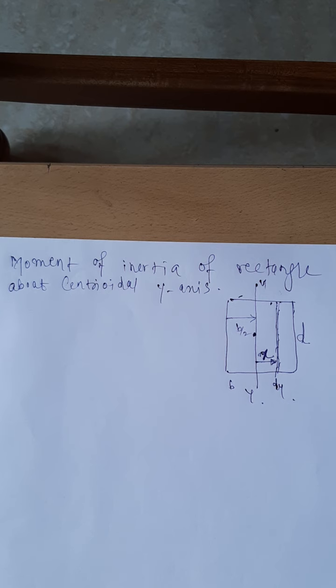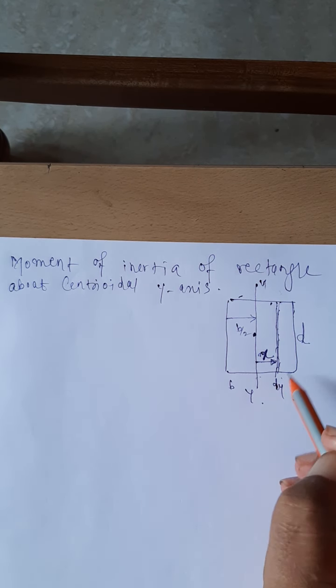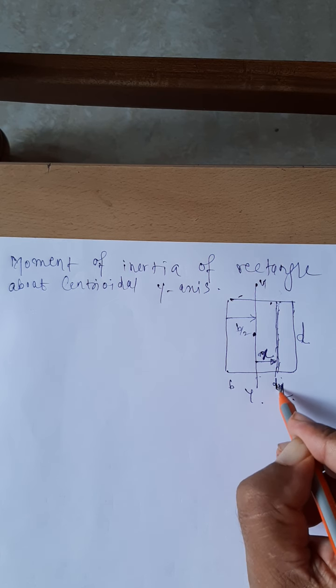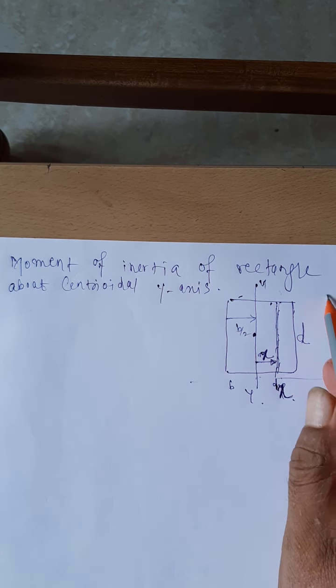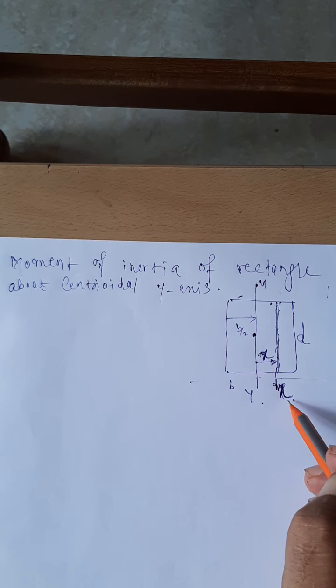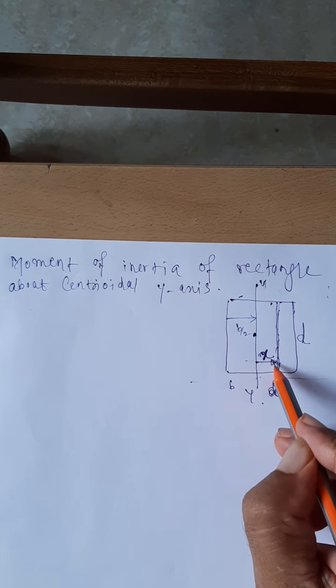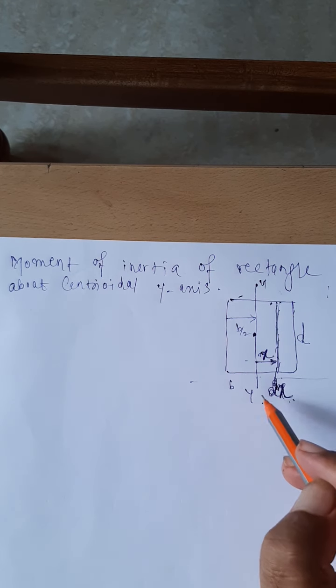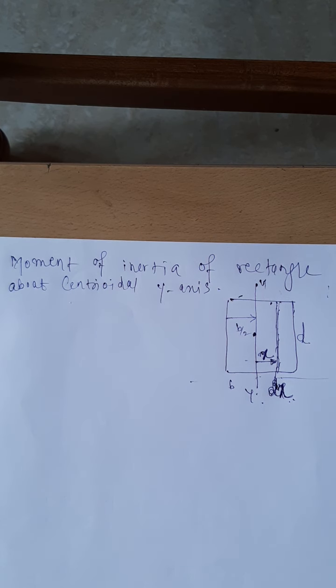Consider an elemental strip of depth dx located at a distance of x unit from the centroidal y-axis, right? When you are going like this it will be x, and when you are going like this you are taking y.